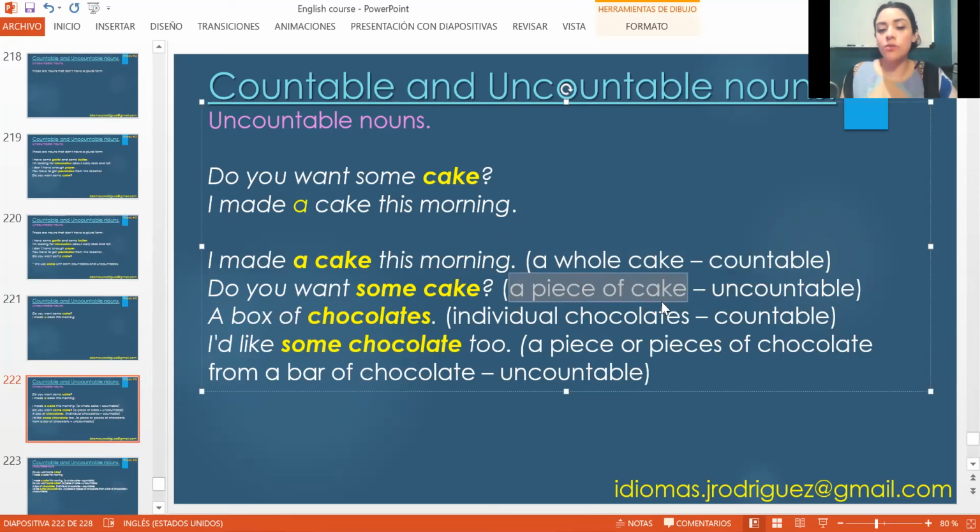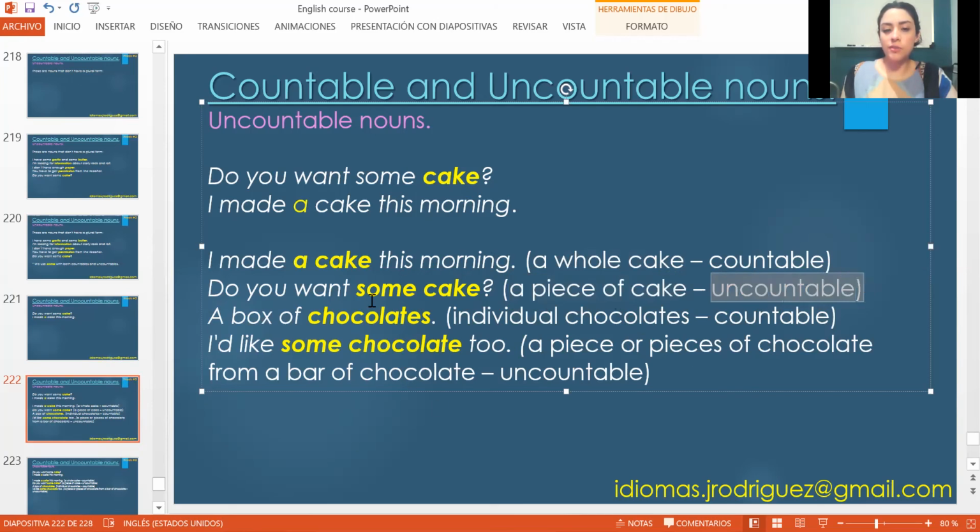Me estoy refiriendo a si quieres una pieza del pastel, no un pastel. Y en este caso es uncountable, porque no estoy especificando la unidad o si quieres una rebanada, si quieres un pedazo, ¿ok? Si quieres la mitad, a piece of cake. And that will mean uncountable.